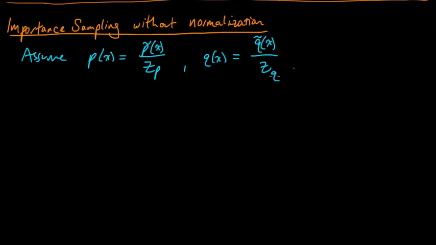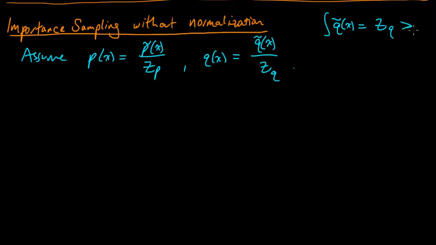Now, the reason why this is a real situation and can occur is that, even though mathematically speaking, once we know q tilde, we can just integrate it over all the values of x, and so the integral of q tilde of x equals Zq, because the integral of q has to be 1, and the same thing for p.